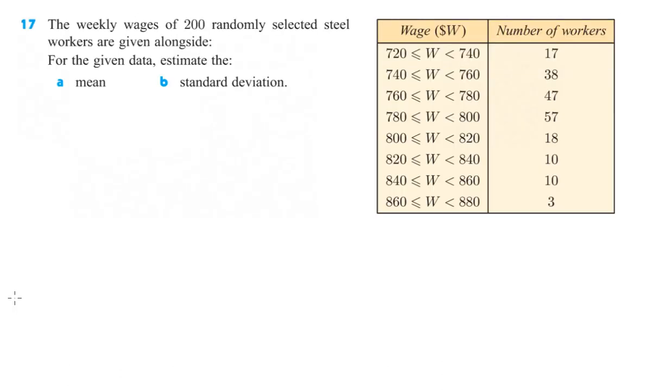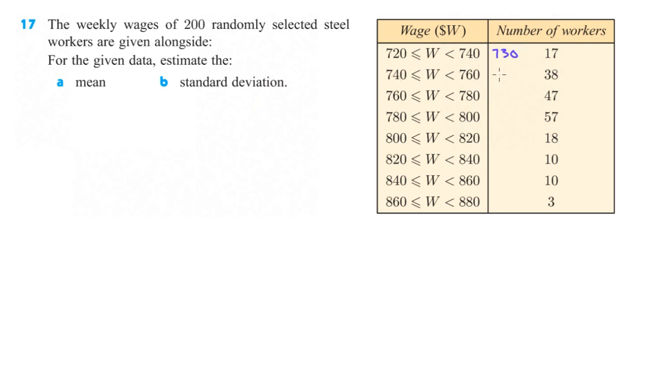The last one here is 17. The weekly wages from 200 randomly selected steel workers are given alongside. For the given data, estimate the mean and standard deviation. So we're going to do the same thing we did on the last one. Find the average. Halfway between 720 and 740 is 730.